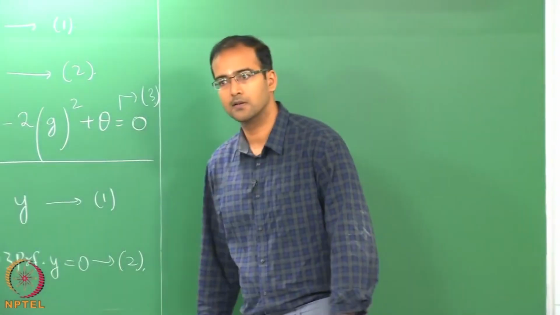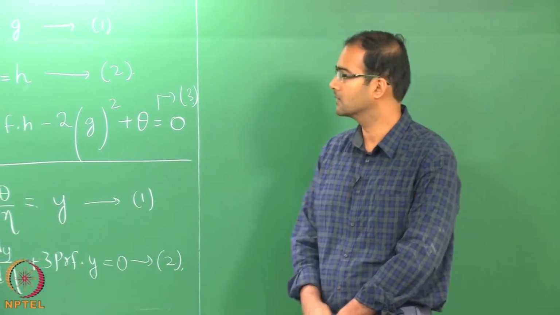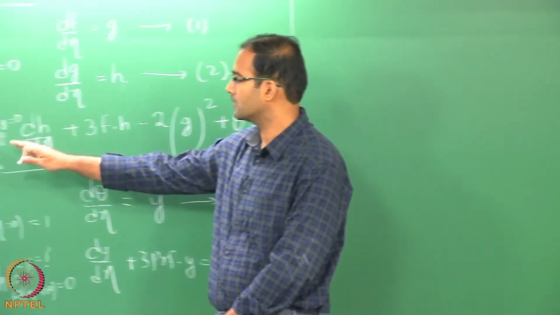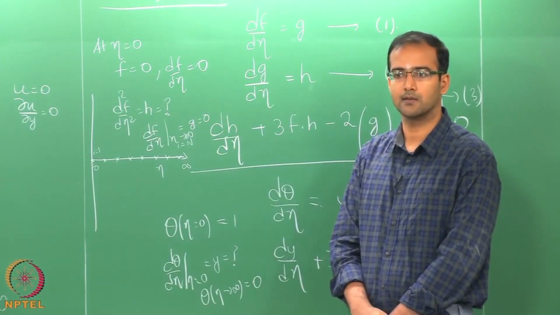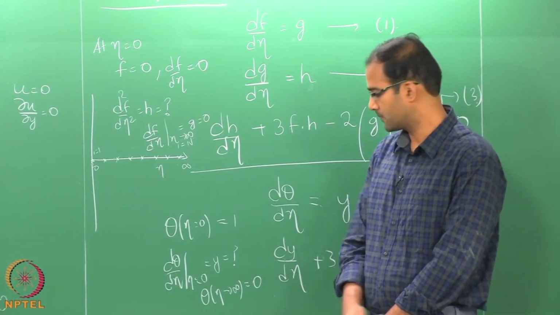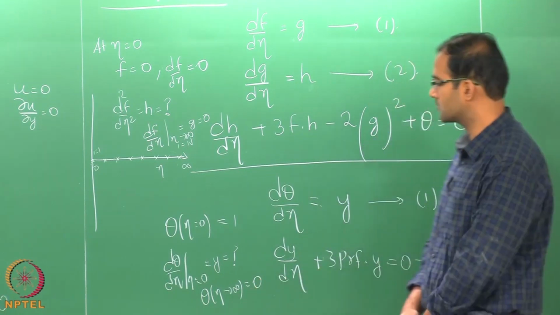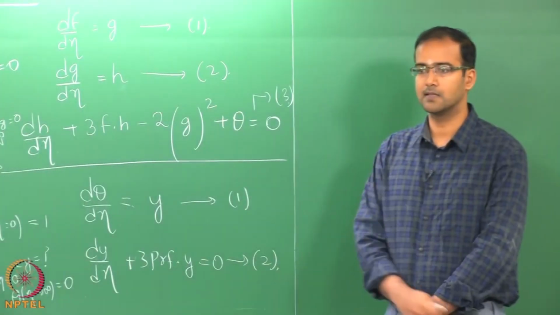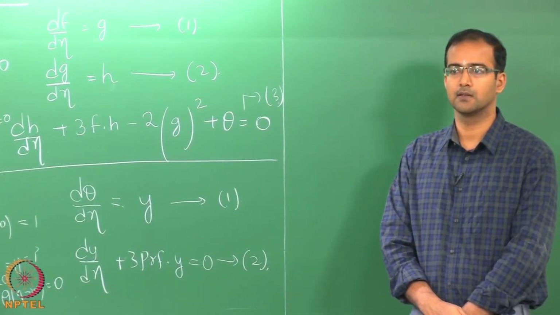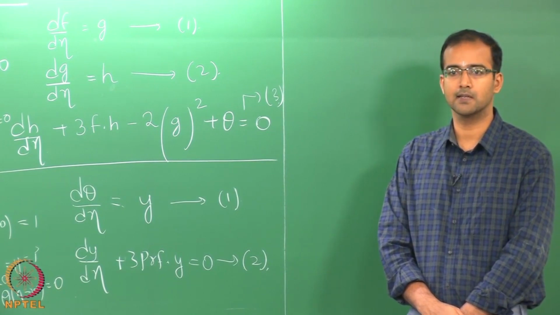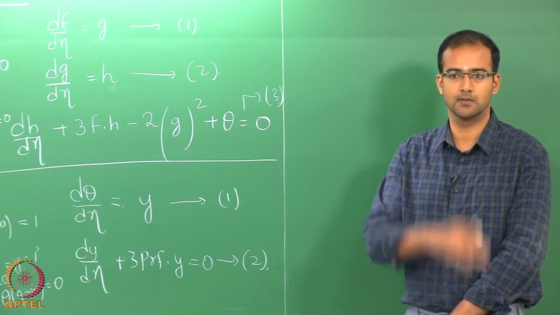So, therefore, we now have to introduce the shooting method. You have to shoot a guess in this case for h, which is d square f by d eta square. Simultaneously, you have to understand that in this case these two have to be solved within the same loop, both with respect to iteration and within the same space loop.